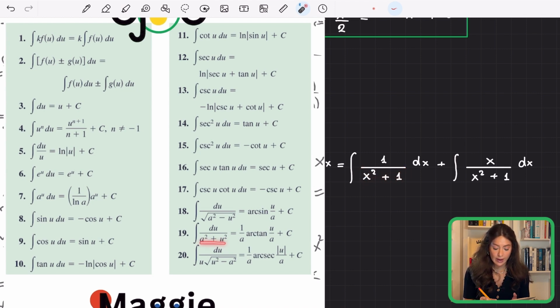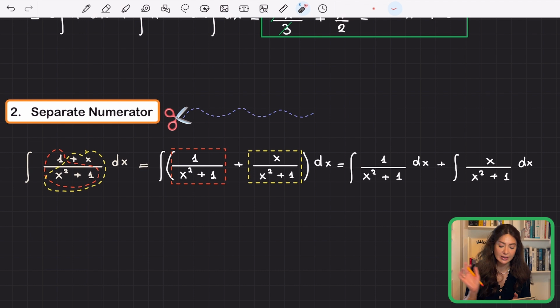Look here. You have a number squared plus a variable squared, but order doesn't matter as long as you have a plus sign, because remember, 5 plus 6 is the same as 6 plus 5. So here you have a variable squared. It is arctan, where a is 1, so we won't have 1 over 1 because that's just 1. Arctan of x over 1, but we don't write that, we just write x. So the first one is good to go.